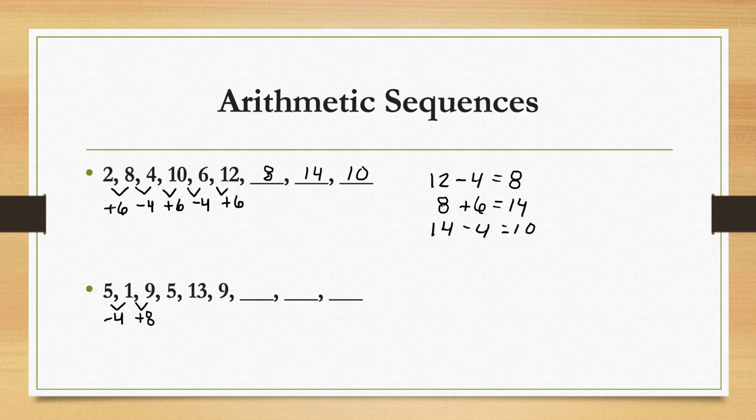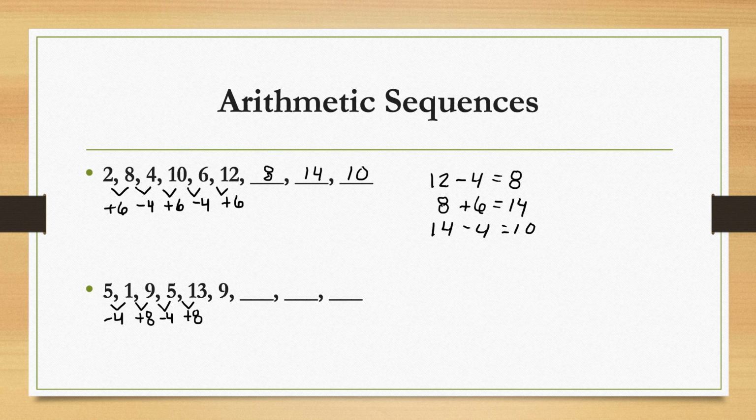Okay, how do you go from 9 to 5? Going from 9 to 5 is a decrease. 9 minus 4 equals 5. What about from 5 to 13? We're back at 5 plus 8 gives you 13.